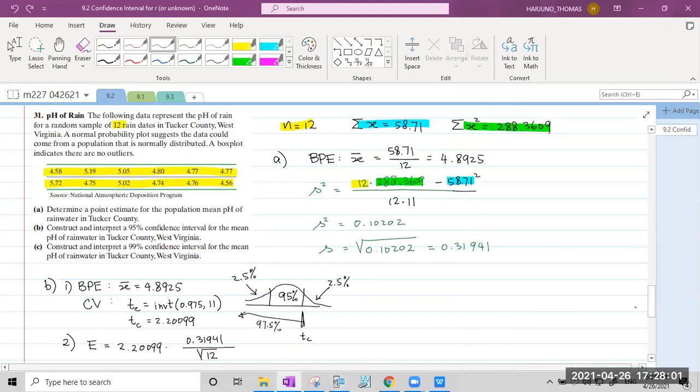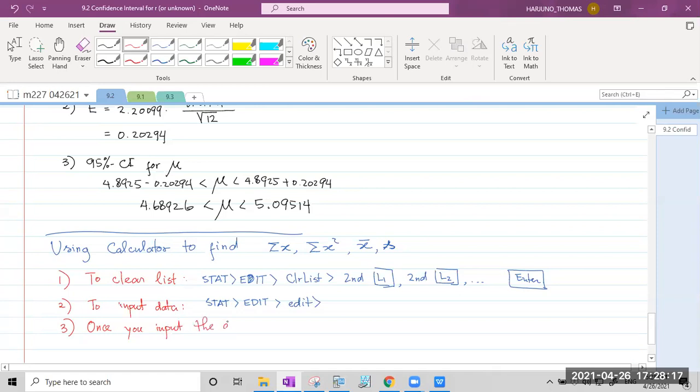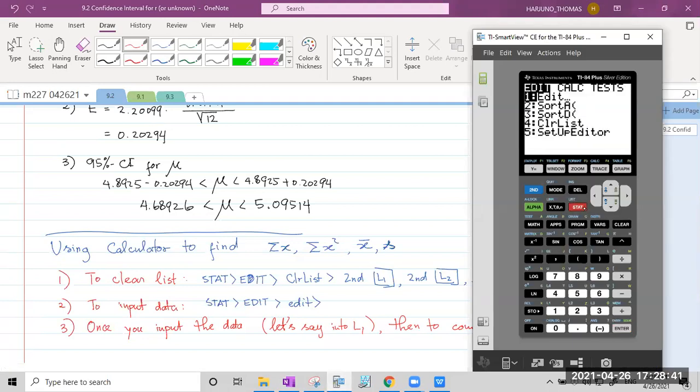Now, once you input the data, let's say into L1, then to compute, you will go to Stat, Calculate, one for stats.